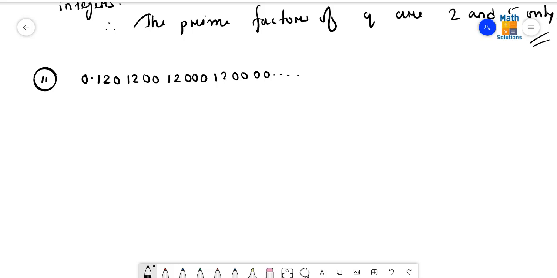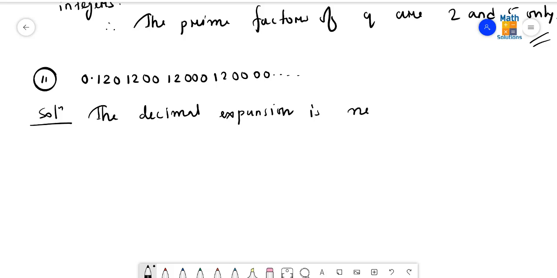So how will you write? In the solution part, the decimal expansion is neither terminating nor repeating.